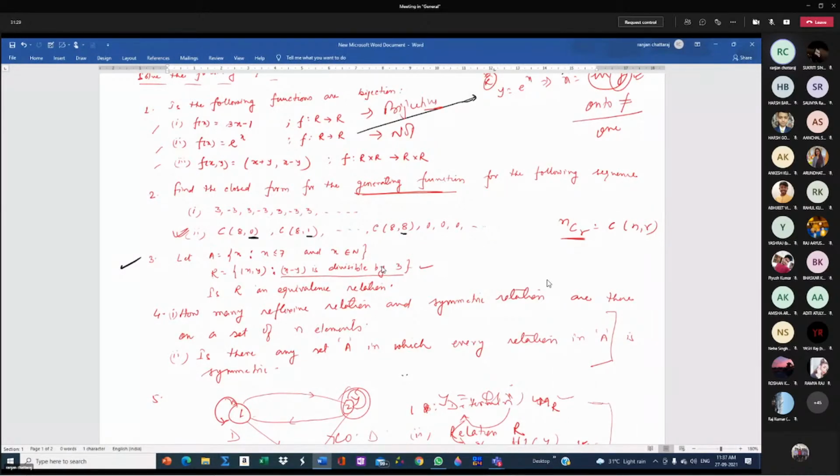It is the x such that x is less than or equal to 7 and x belongs to the natural numbers. That means it starts from 1, 2, 3, 4, 5, 6, 7. So this is the set A and R is defined in such a way. We have to find it. How will you find this?